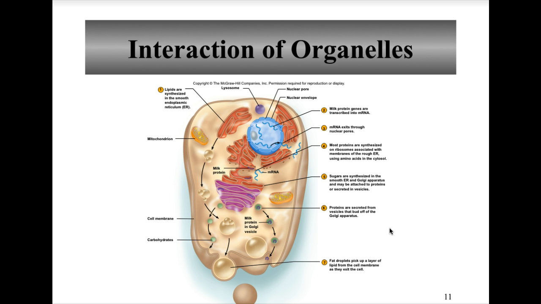The sugars are synthesized in the Golgi apparatus and may be attached to the protein or secreted in a vesicle. And then the proteins are secreted from the vesicles that bud off of the Golgi apparatus, and then fat droplets will pick up a layer of lipid from the cell membrane as they exit the cell. And that would be exocytosis occurring there.